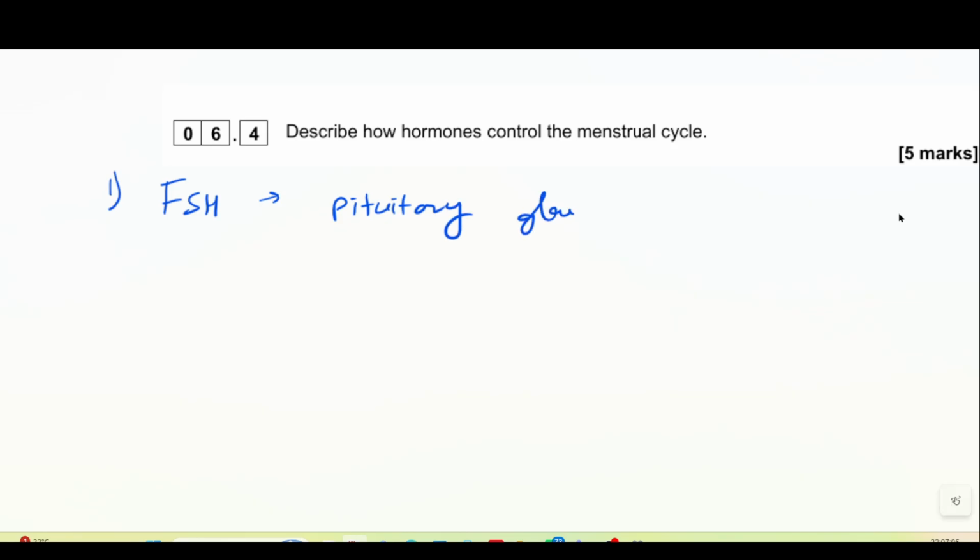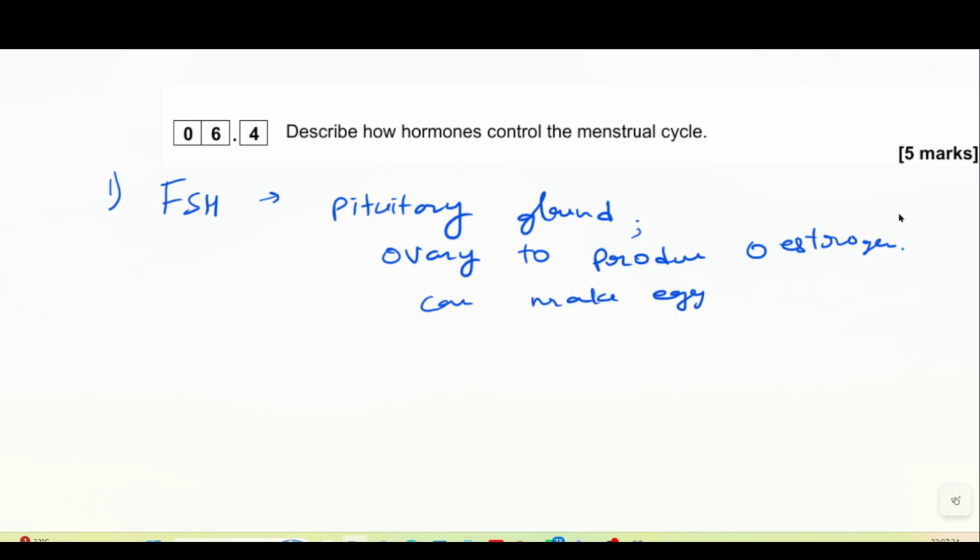It stimulates the ovaries to produce estrogen and make the egg mature.